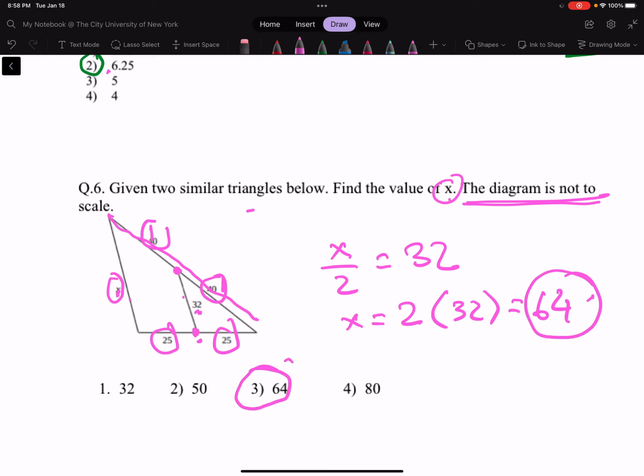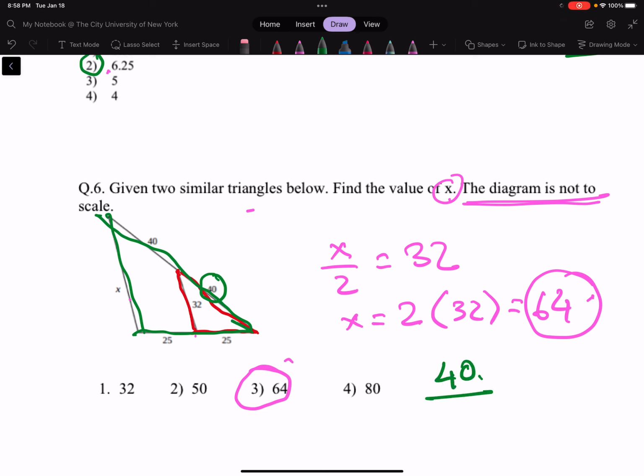Or you can think it this way. It's like our traditional way. Since these two triangles are similar, the similarity exists between, obviously, this triangle and this triangle. So 40, you can think 40 over this whole side, because opposite of this and this congruence is here. So opposite of 40 plus 40 is 80.